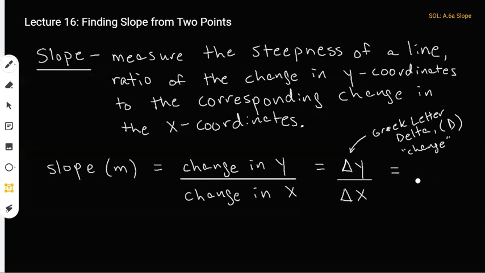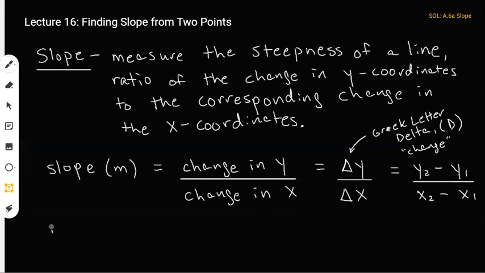So what is change in y? That's going to be y2 minus y1 at the top. And then what's the change in x going to be at the bottom of the fraction? That's going to be x2 minus x1. So you can write it that way.